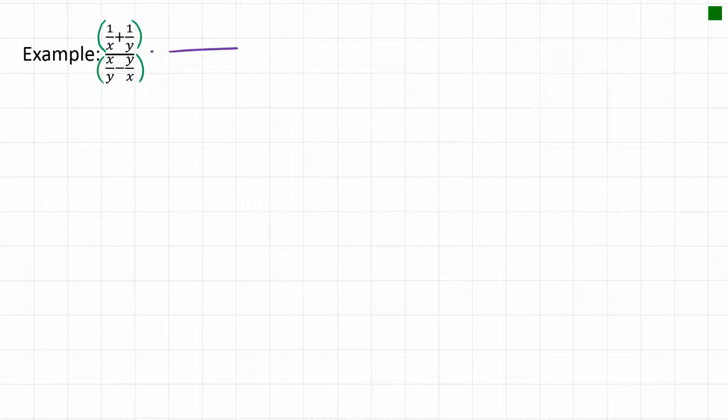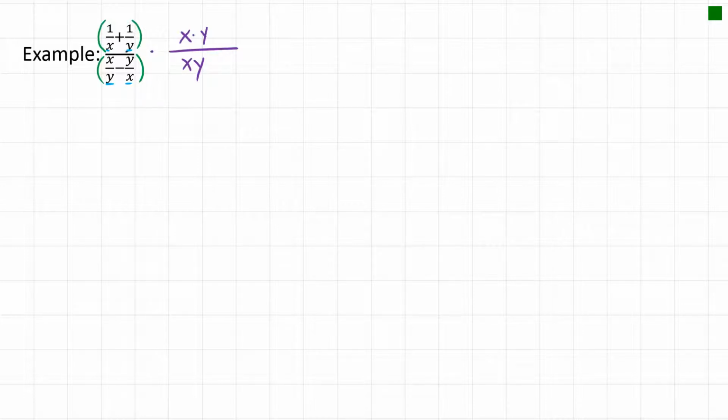Well, the denominators have x, y, y, x. So the simplest thing I can multiply that will eliminate each fraction is if I multiply by x times y on the top and x times y in the denominator. So that's 1. xy over xy is 1.